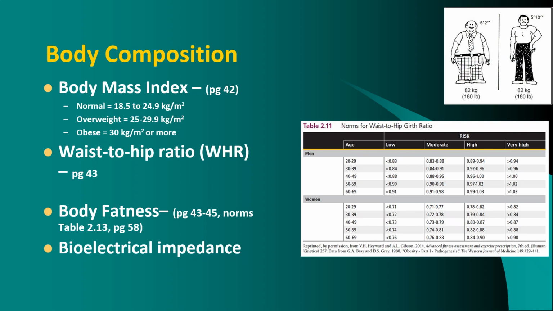Bioelectrical impedance is most accurate if it's done in the middle of the day, at the same time every day, and then you can keep track of it for maybe a couple of weeks and see changes over time if you're consistent with how you do it. But if you do it on a Monday at 3 and then on a Friday at 6 a.m., you can't compare those two results because your body water fluctuates daily.